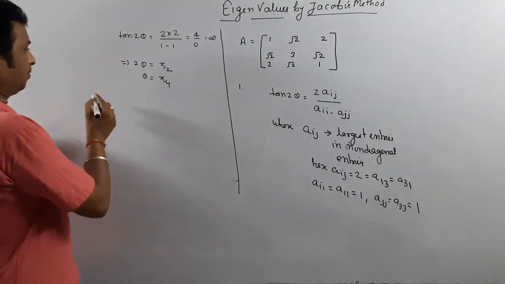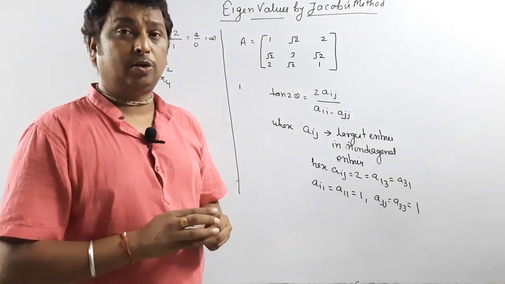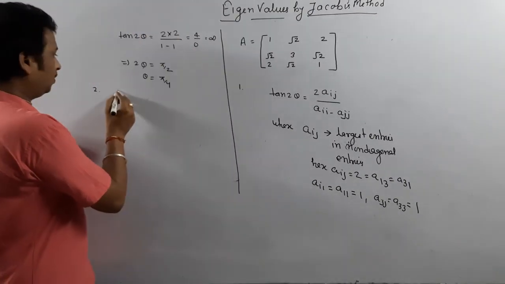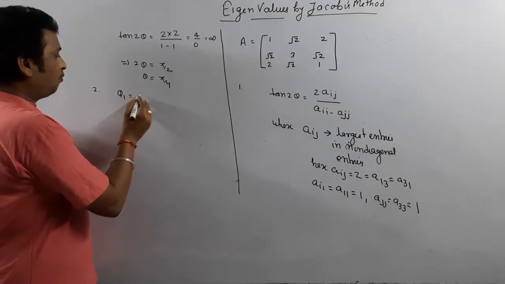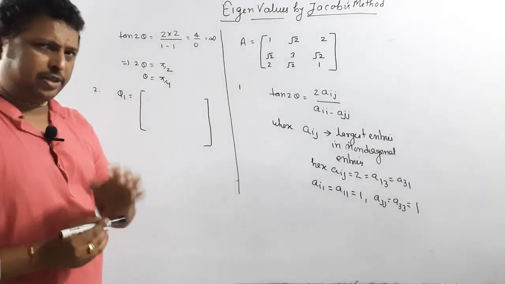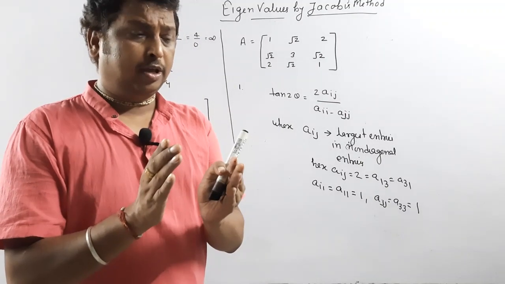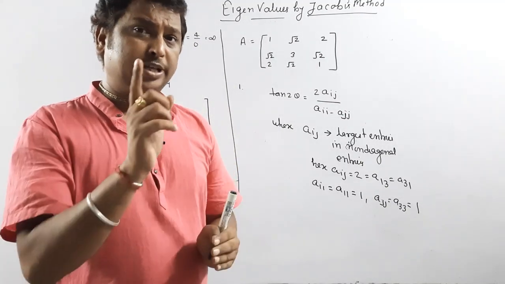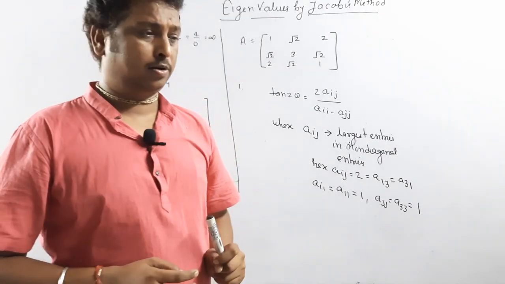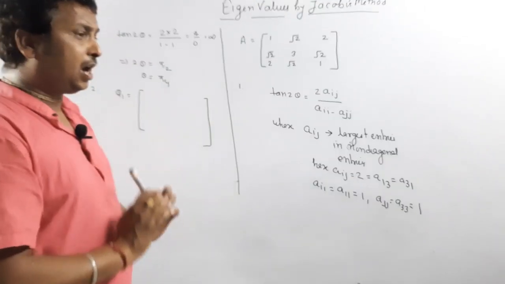What is your second step? Second step is to calculate the orthogonal matrix Q1. What is Q1? Again, it's very easy. Orthogonal matrix, you know, means A into A transpose is equal to identity, whose magnitude is always 1. So for that purpose, what entries have we chosen?